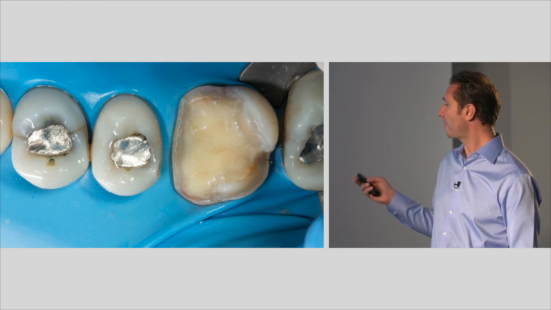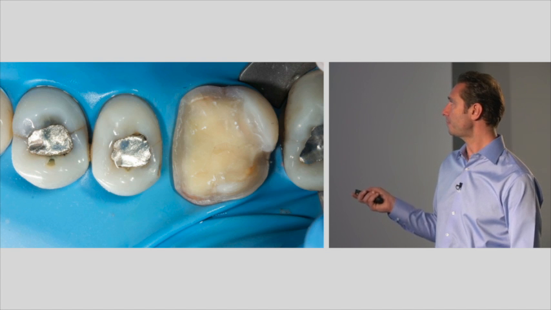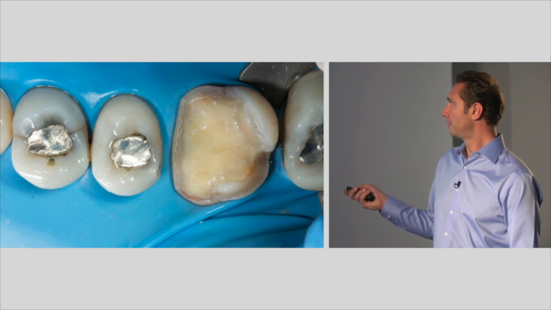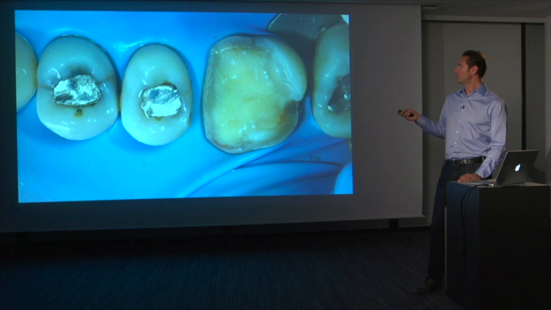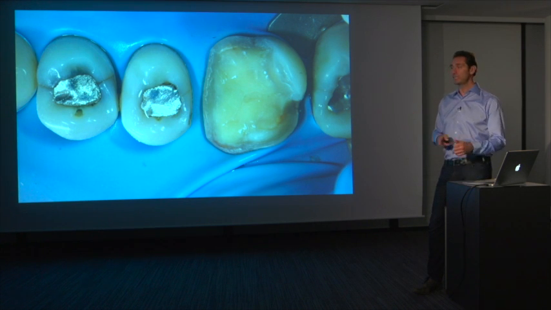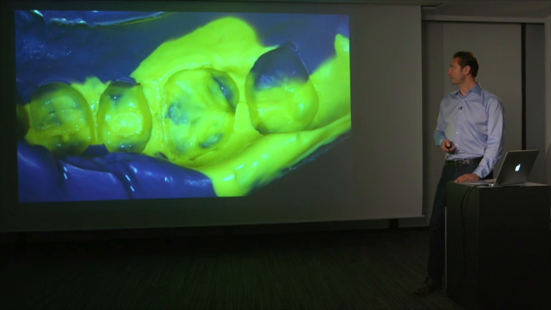So this is the refined preparation. As you can see, very sharp margin, very cleanly designed, clean margin here, clean margin there, everywhere. It needs to be clean, crisp, and ready for impression. No oxygen inhibition layer left. Impression.